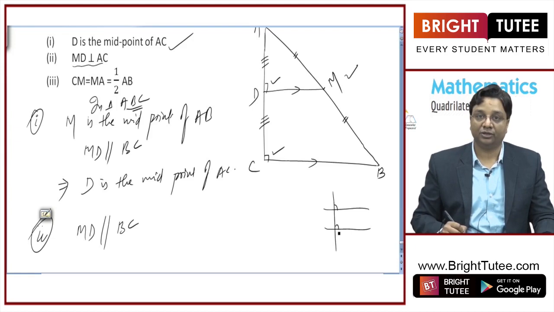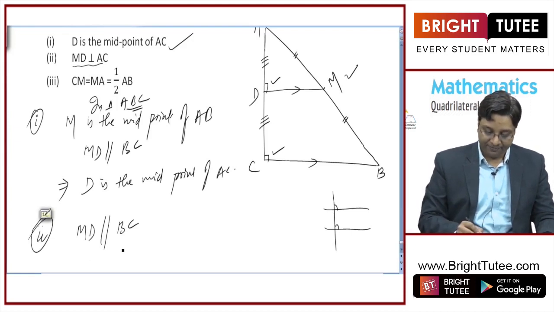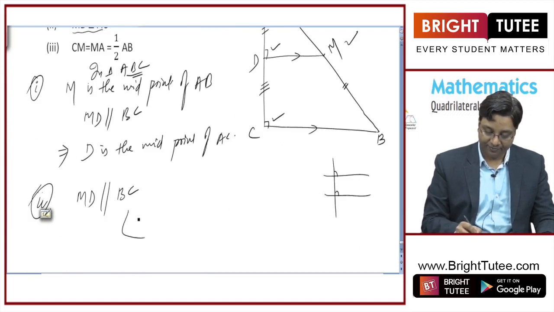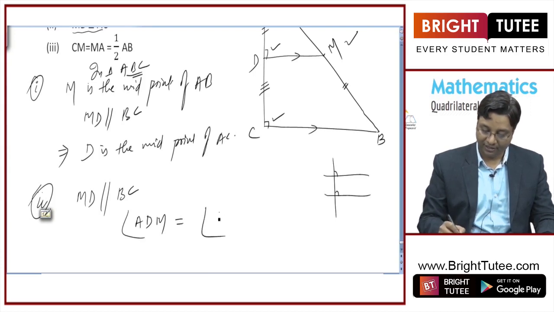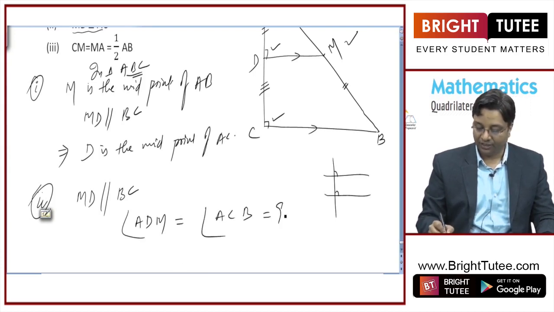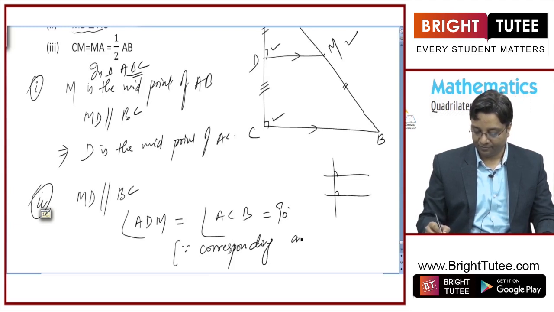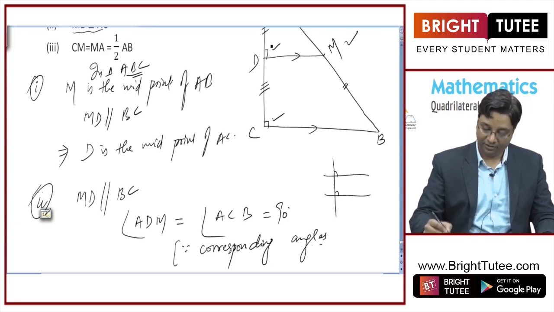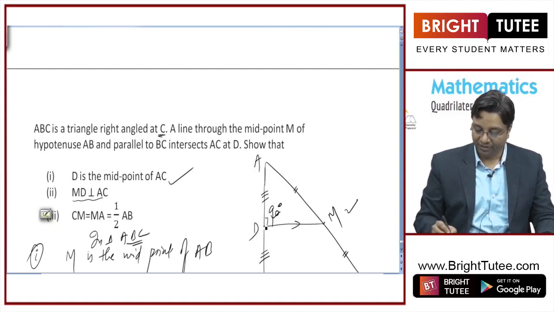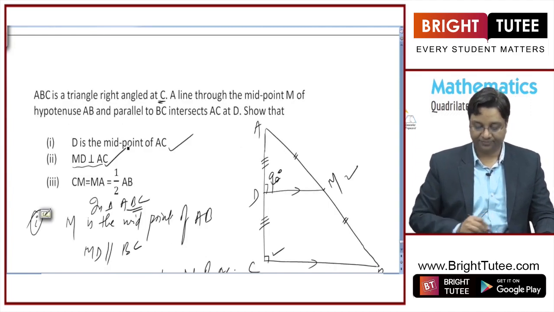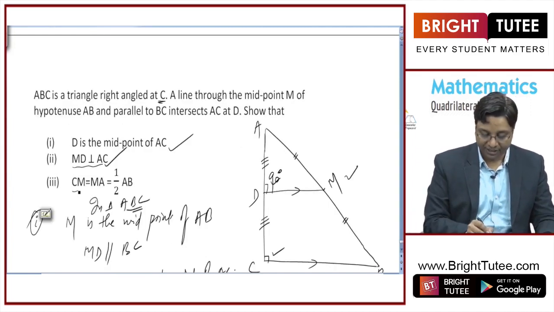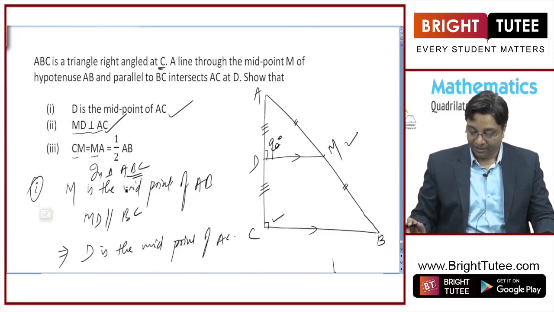So angle ADM is equal to angle ACB, equal to 90 degrees. So angle D is also 90 degrees, and if this angle is 90 degrees, MD is perpendicular to AC. This is also proved.